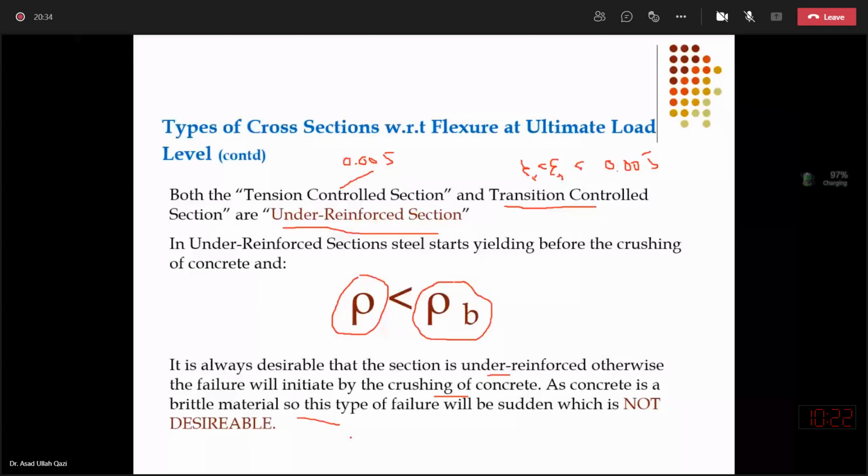We want steel to yield first, yield excessively, and give us warning in terms of sag and cracking on the beam soffit if the beam is sagging, and then finally crushing of concrete will take place. Failure should not be initiated by sudden crushing in concrete while steel is still in the elastic domain, because such cross sections are not ductile. They will not absorb much energy before failure, and they will give us less warning.